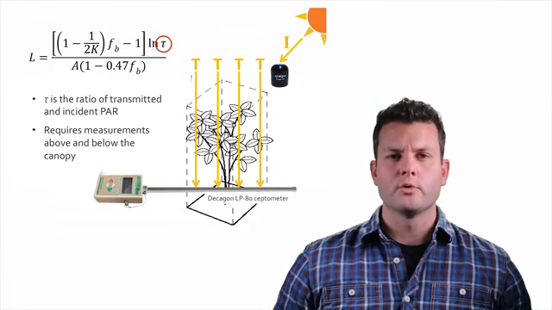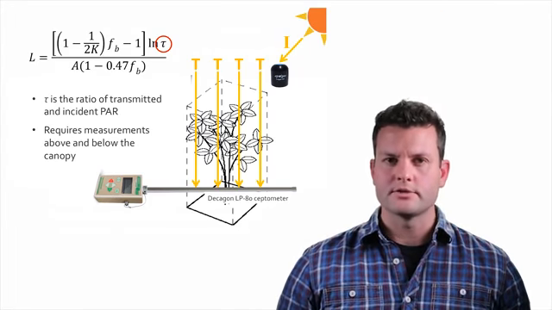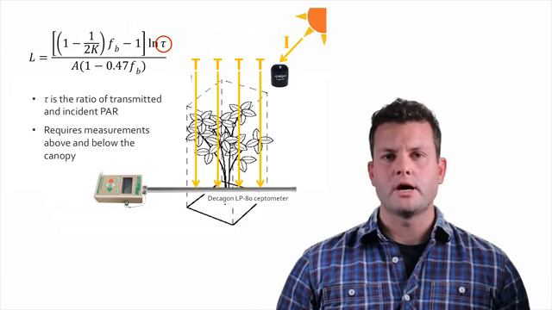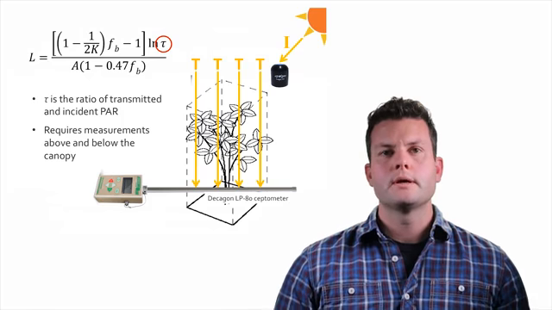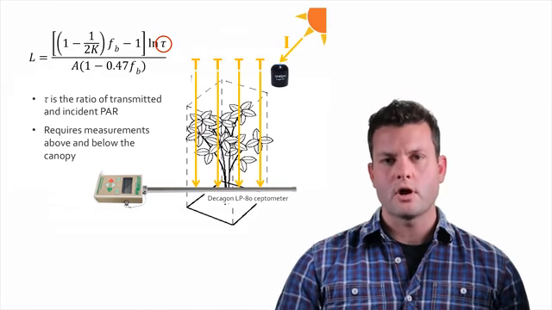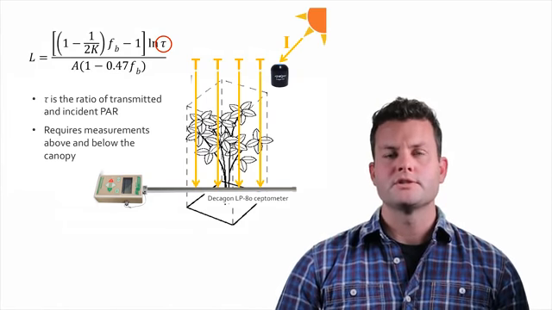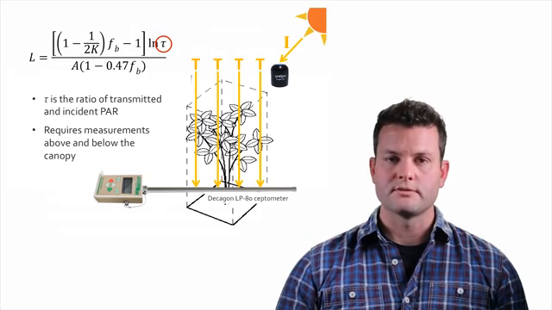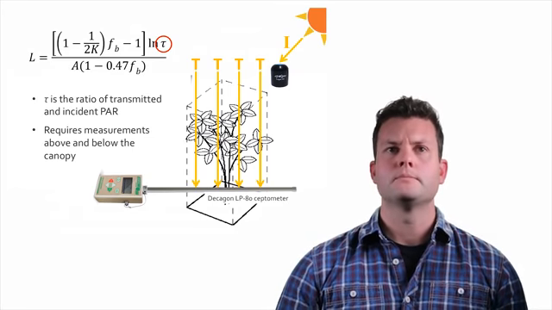For that reason, if ambient light levels are fluctuating quite a bit, I'd really recommend that you independently log both incident radiation and transmitted radiation simultaneously, so that you're always accounting for changes in ambient light level and not introducing any source of error into the LAI calculation.